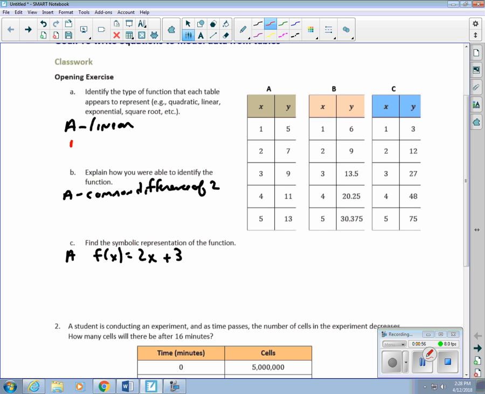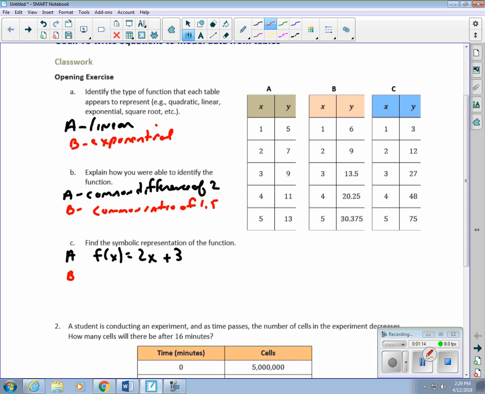B is exponential. How do we know that? We have a common ratio of 1.5.